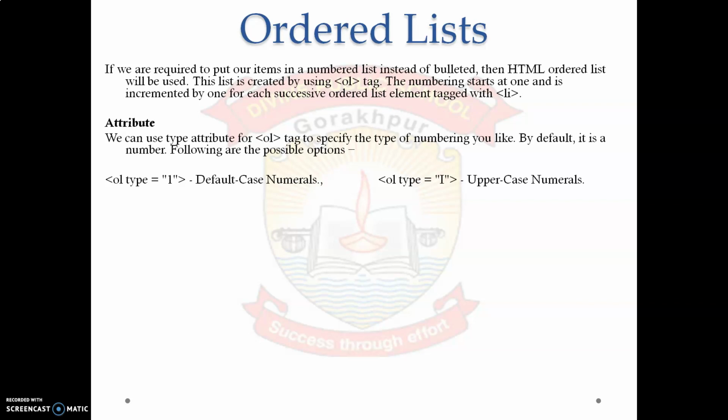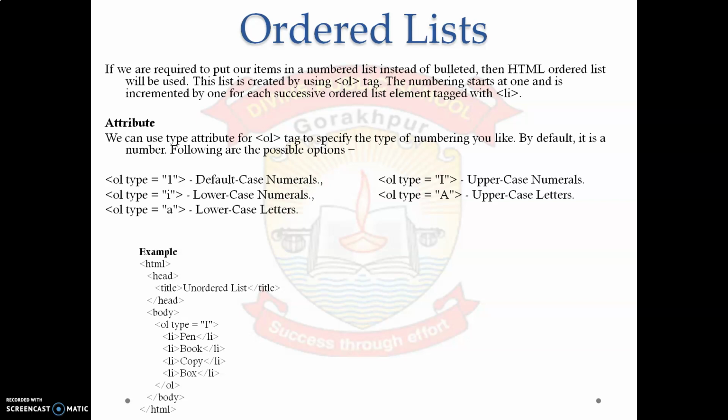If we use Roman, then our list appears with Roman numbers. Here we can also specify small Roman, which means lowercase Roman numbers, and we can use uppercase letters and lowercase letters.